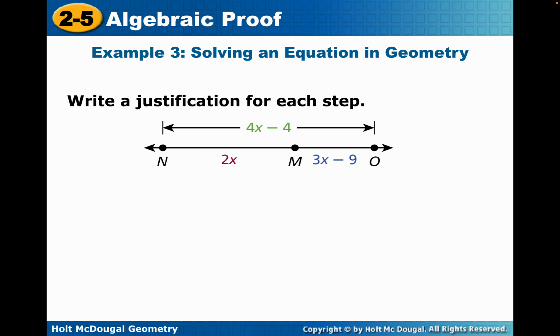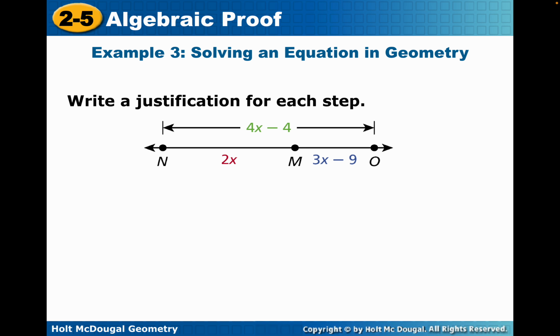Okay, but how do I say that as the segments? Don't put the values. So what segment is 4x minus 4? Which is NO. So NO equals, yeah, NM plus MO. Okay?